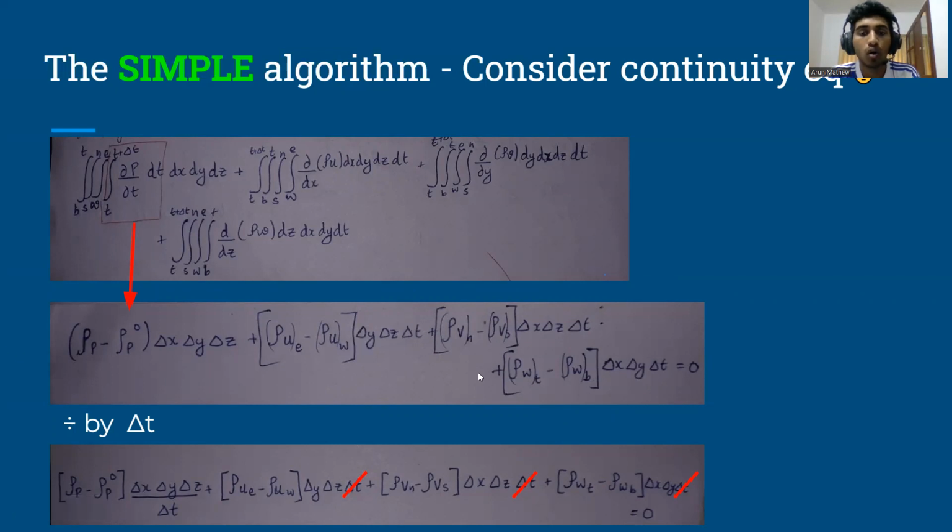Similarly for the third and fourth terms, we can write like this. When we divide the whole expression by delta t, we get rho P minus rho P old into delta x, delta y, delta z divided by delta t plus these expressions, which will be equal to 0.